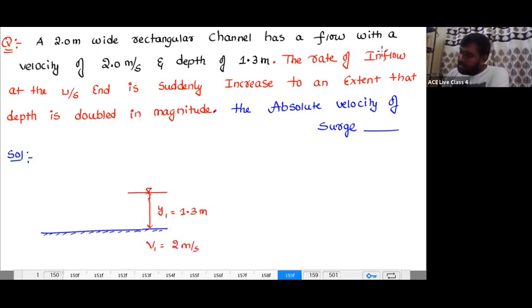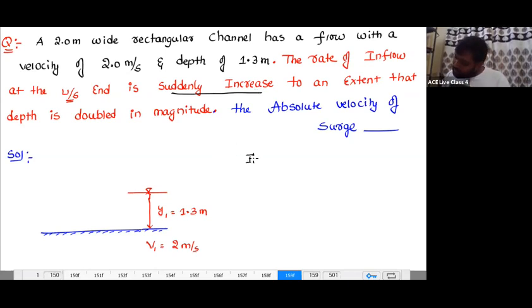Now the rate of inflow at the upstream end is suddenly increased. See the meaning of suddenly increased: when the rate of inflow suddenly increases, it is because the gate is raised suddenly.